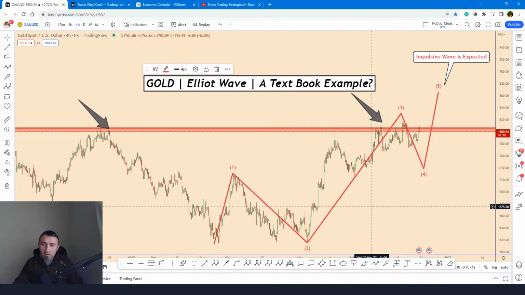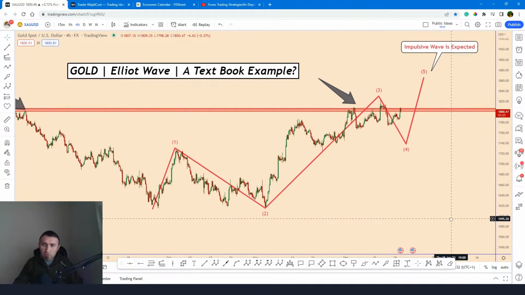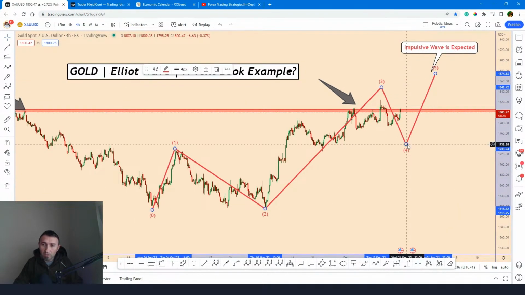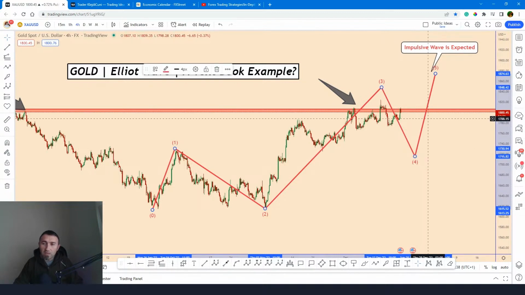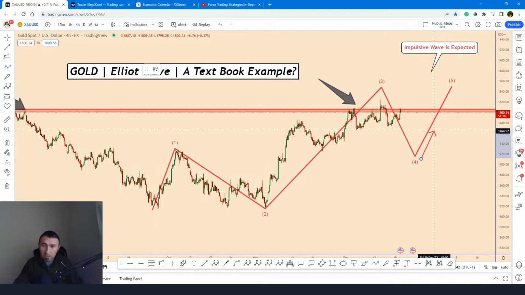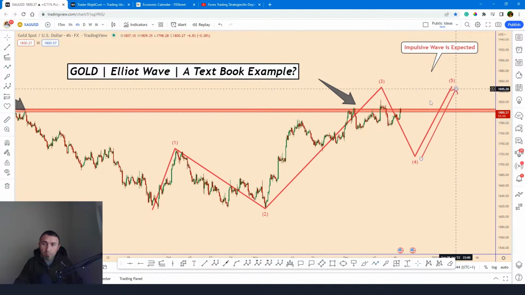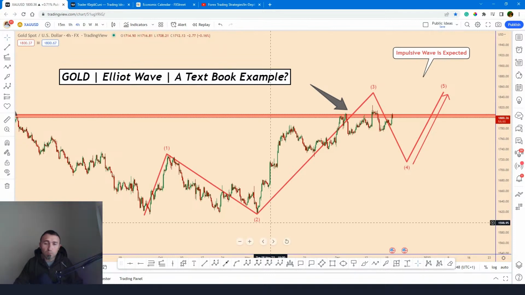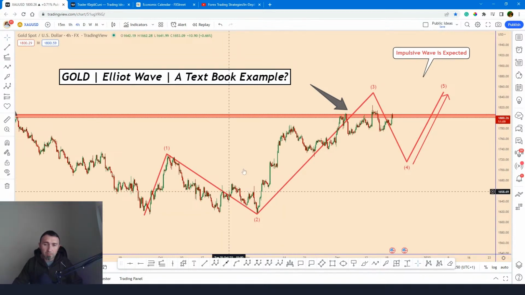So it looks like we are in a potential third wave completion of a bigger wave, and we may anticipate the fourth wave before price rises again. It looks very interesting compared to the theory, how it works out. And now we are going to break down the pattern on the lower time frame.